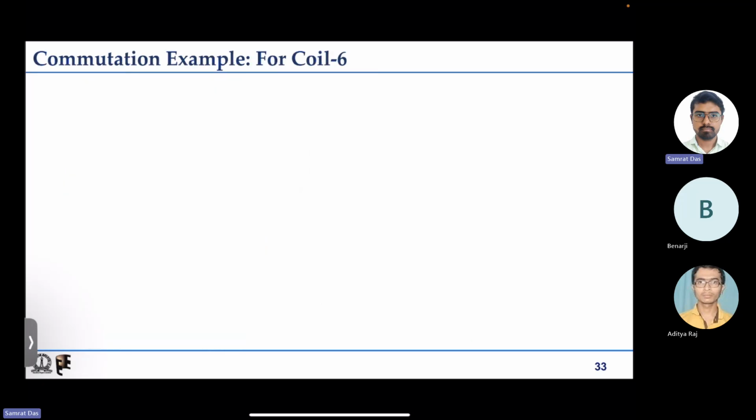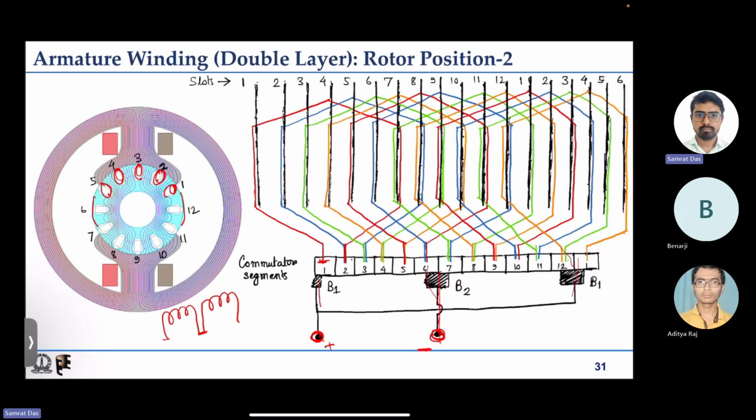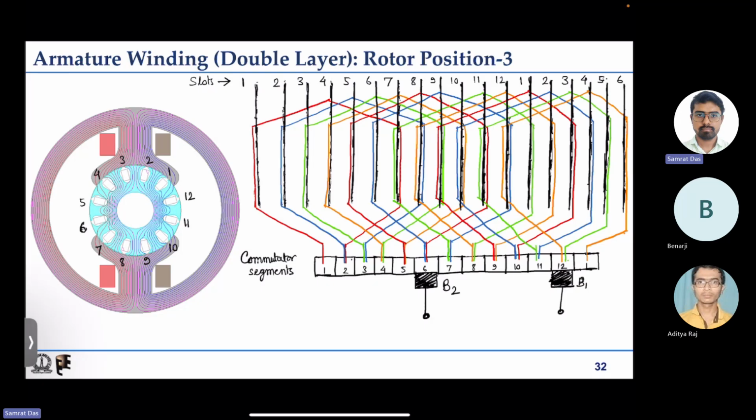Now next, after some time, when the coils are in position 3 like this, then we have coils 12, 1, 2, 3, 4. But you can see this 12 and 5 are not under the pole. That means their flux linkages are reasonably stationary, so they will not contribute to the induced EMF generation. But this 1, 2, 3 and 4, their flux linkages are changing, and they will have some induced EMF.